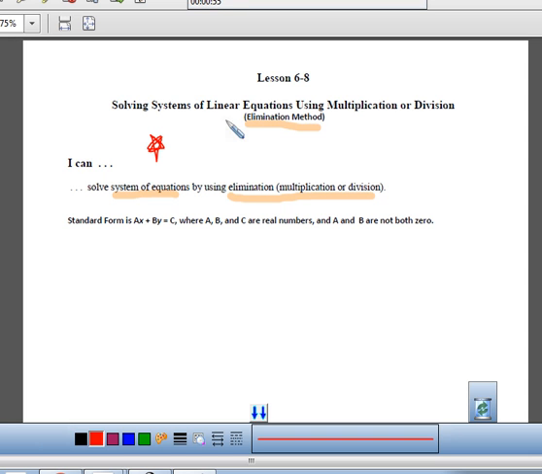You need to find a number to multiply or divide by to eliminate a variable.